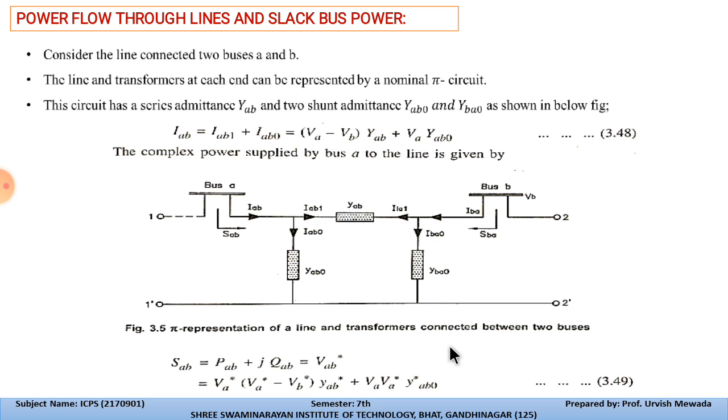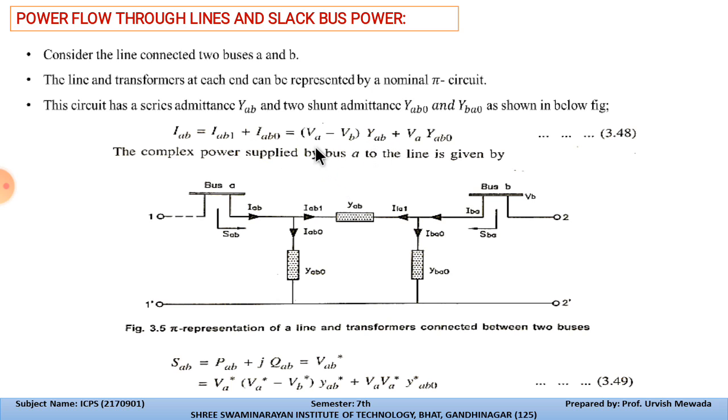This is the nominal pi circuit model of the given transmission system, and this circuit has a series admittance YAB and two shunt admittances, YAB0 and YBA0, the parallel admittances that we consider in the system, as shown in this figure. If we write an equation for IAB, then IAB will be IAB1 plus IAB0. This is the formula we can write from this. So for IAB we can write (VA minus VB) times YAB.